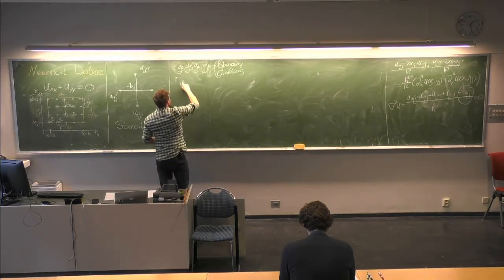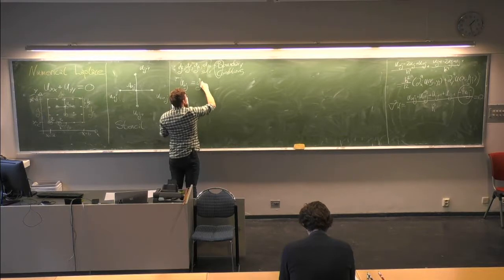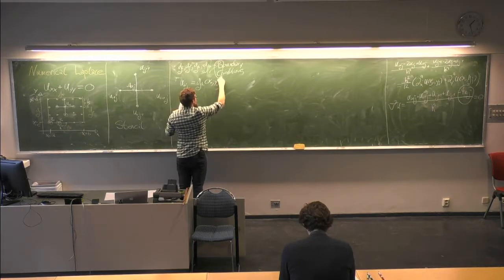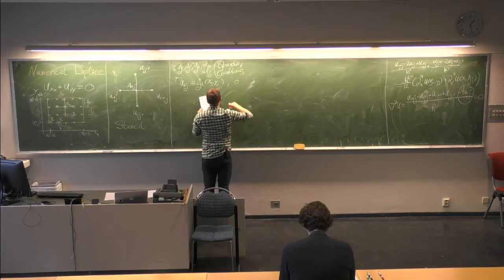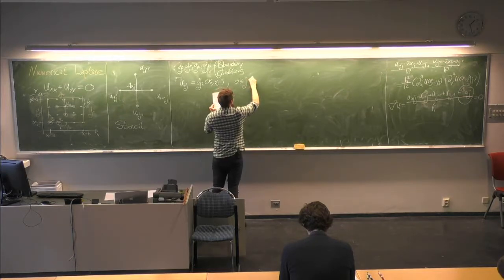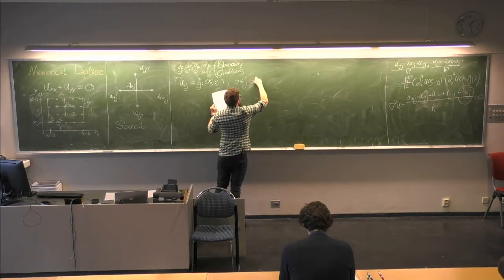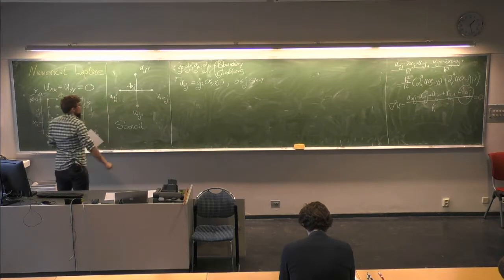So we have defined that u of 0, j equals GL of 0, yj, for instance, so that's the first one. What does this mean?